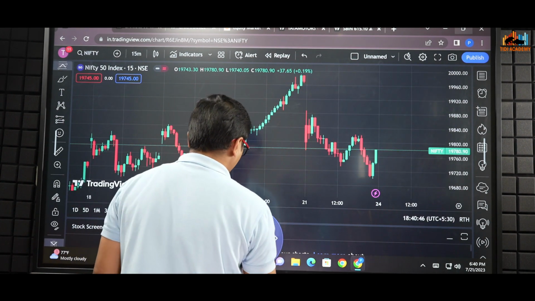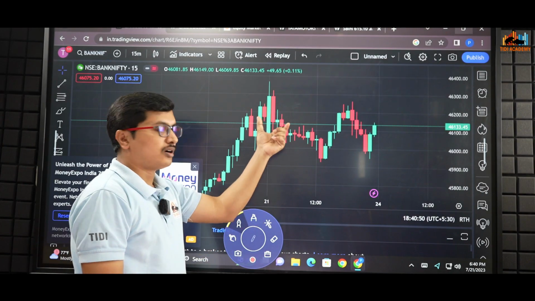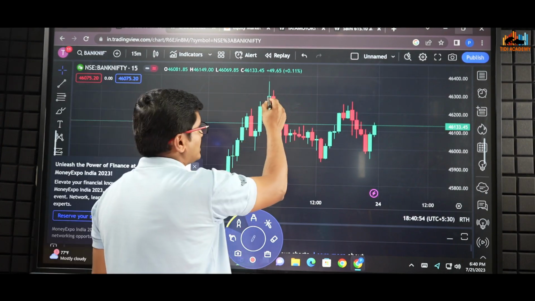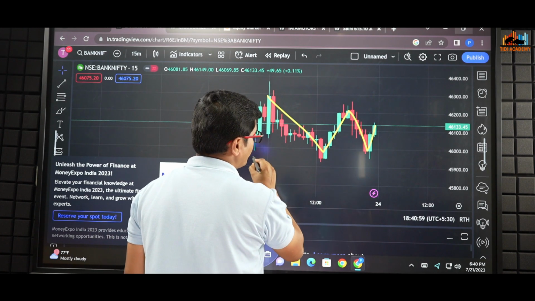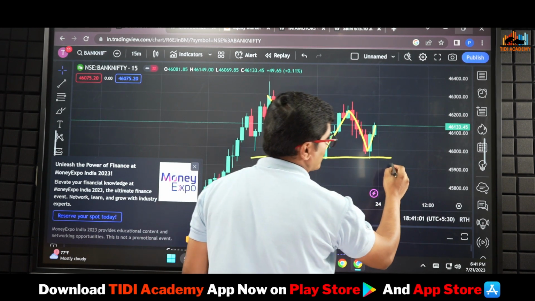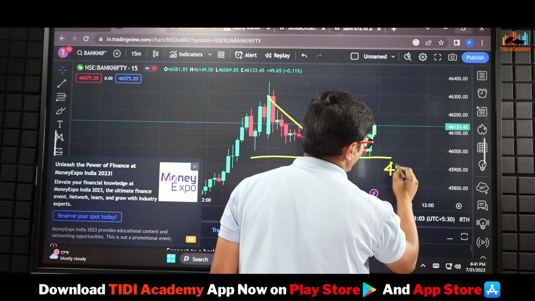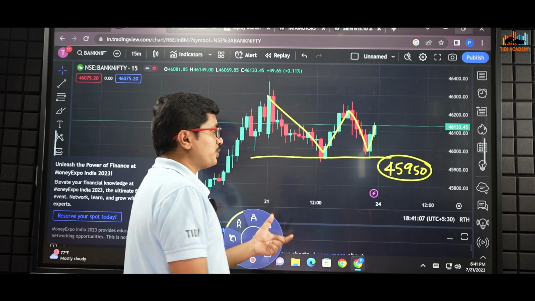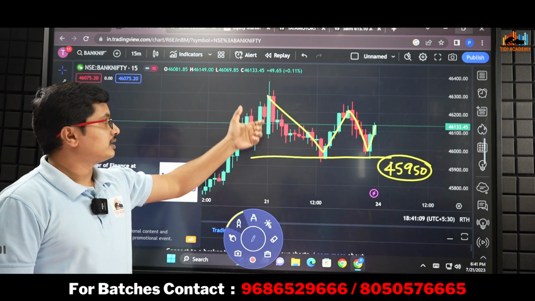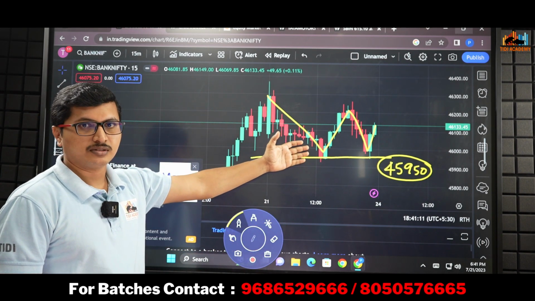Now we come to Bank Nifty. Bank Nifty halted at the higher levels only. As we can see, one movement happened and it took the support level which is around 45,950. Due to the Nifty drag, even Bank Nifty fell today.